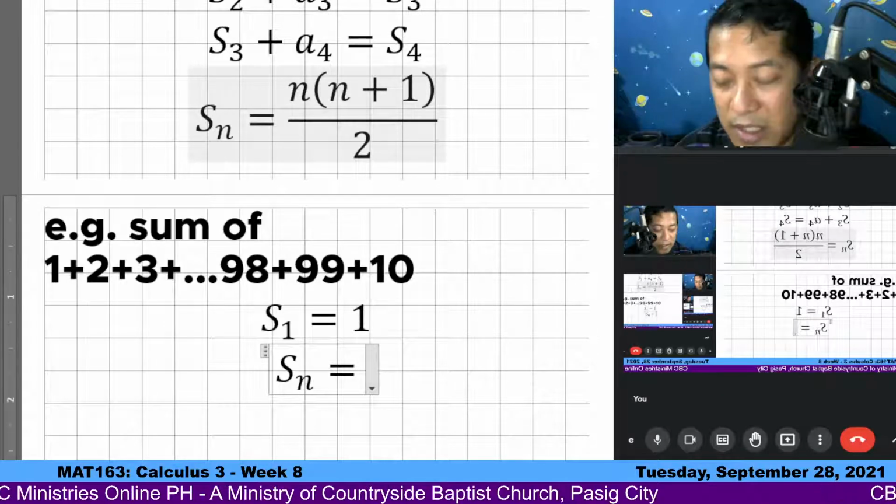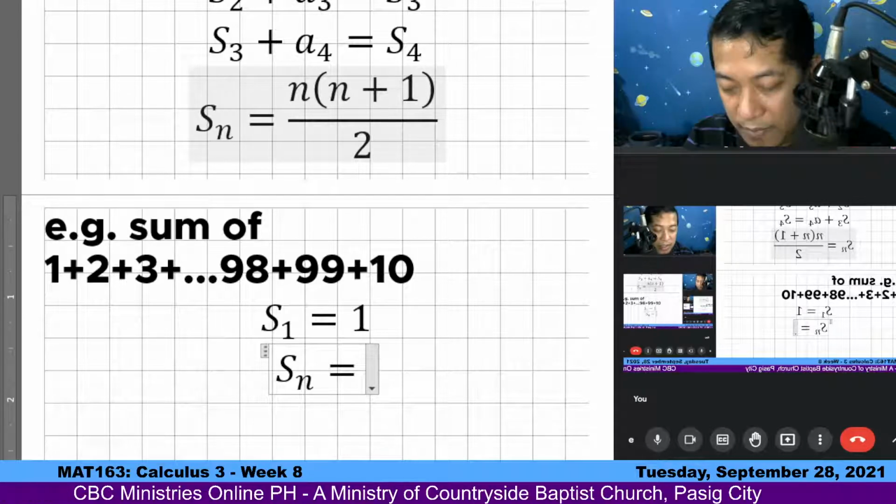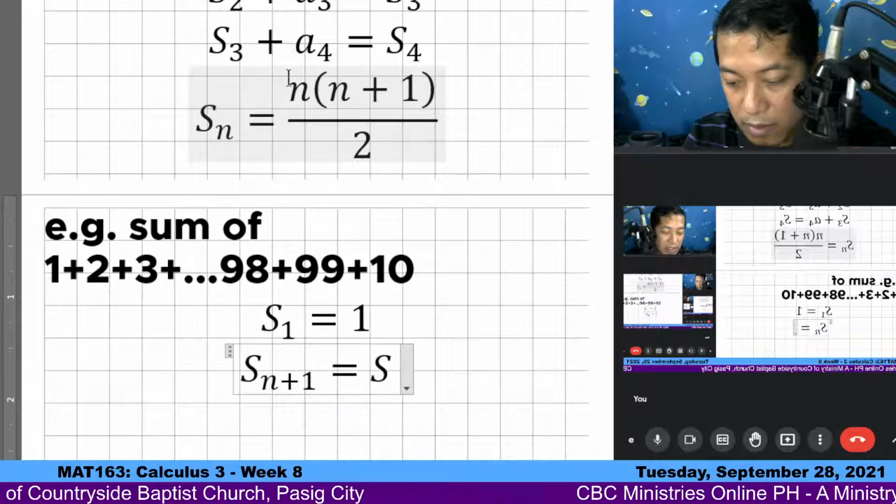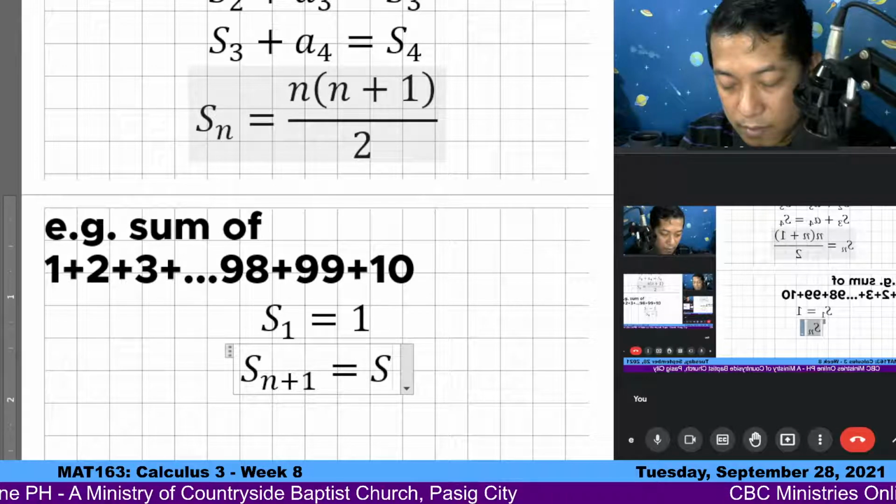So yun yung makikita natin dyan, no? Pag dinagdagan natin ng n plus 1, so n plus 1 term.